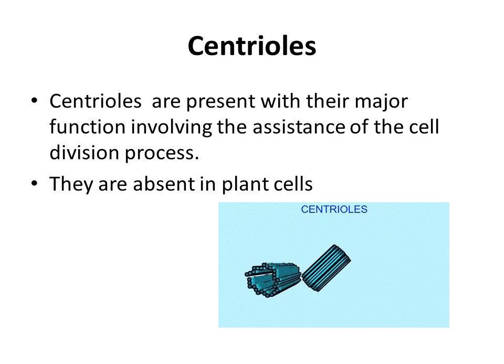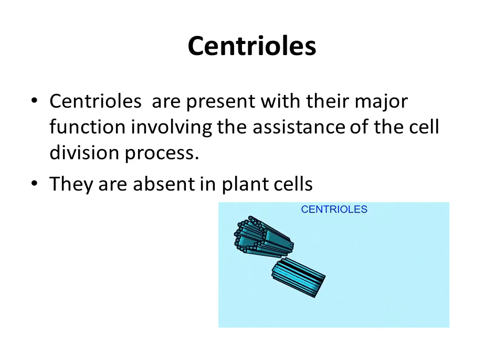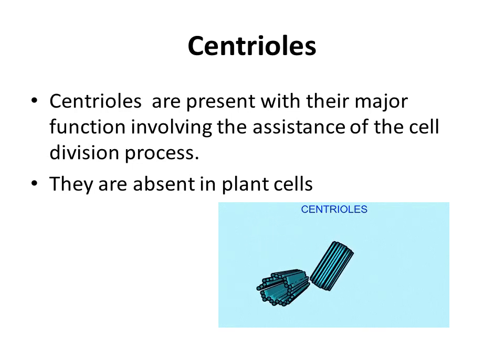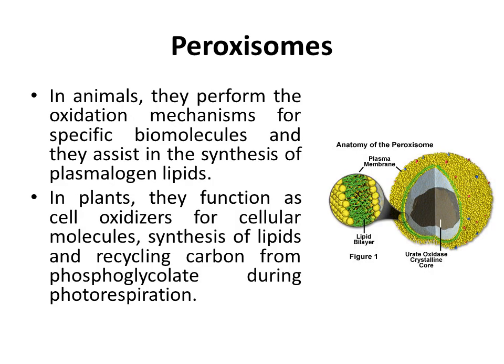Centrioles are present in animals with their major functions involving assistance of cell division processes, while centrioles are not found in plant cells. In animals, peroxisomes perform oxidation mechanisms for specific biomolecules, and peroxisomes also assist in the synthesis of plasmalogen lipid.